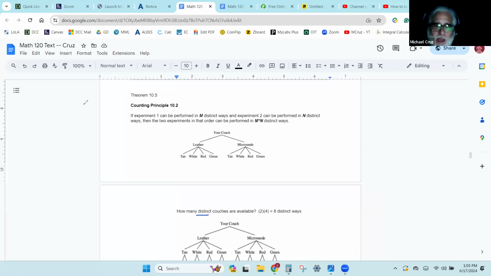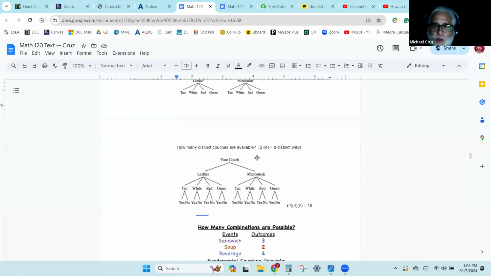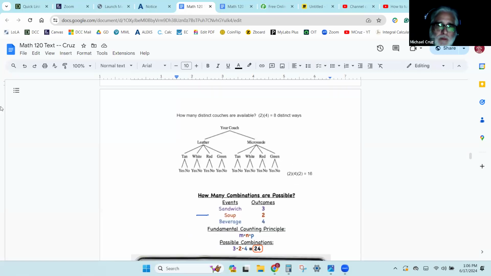Now, let's say we add in a third factor. In other words, after we've got our tan leather, white leather, red leather, green leather, tan micro suede, white micro suede, red micro suede, or green micro suede, one of those 8, now we've got a choice to get a recliner or not.